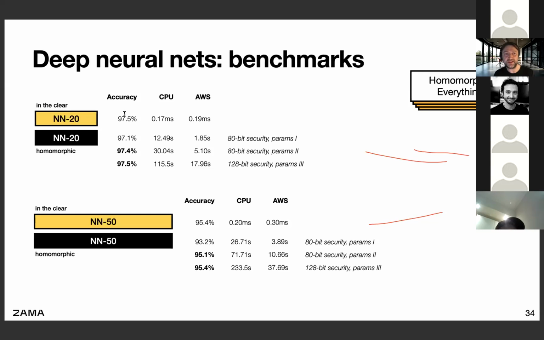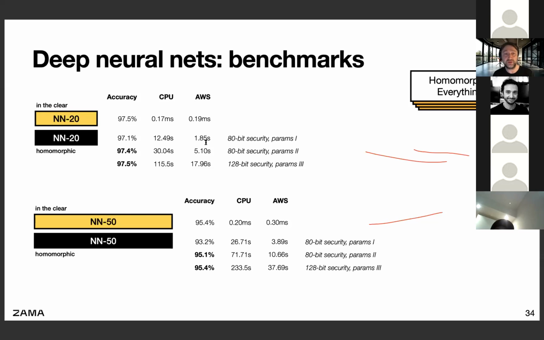So this is the accuracy of the original network processed in the clear. It took even less than a millisecond over a CPU on AWS. And we converted that into its homomorphic equivalent, resulting in close enough accuracies. There is a bit of a loss here, and with different parameters.